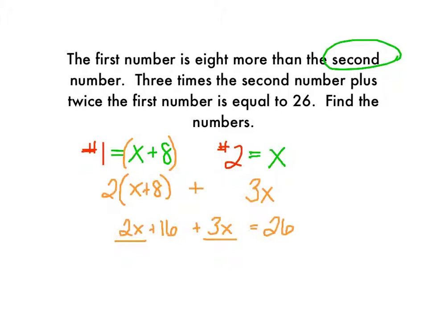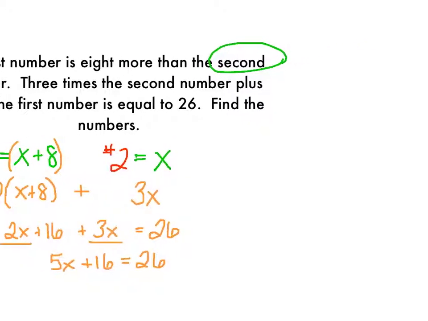So 2, and there's a plus sign between them, so 2 plus 3 equals 5, so 5x, and then plus 16. 16 does not have a variable. It's a constant, so it cannot be combined with any of the algebraic terms on that side. And then all of this is going to equal 26.